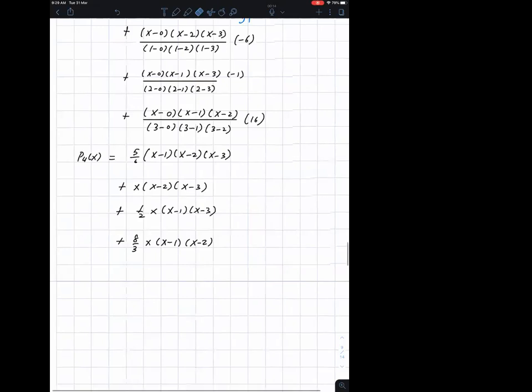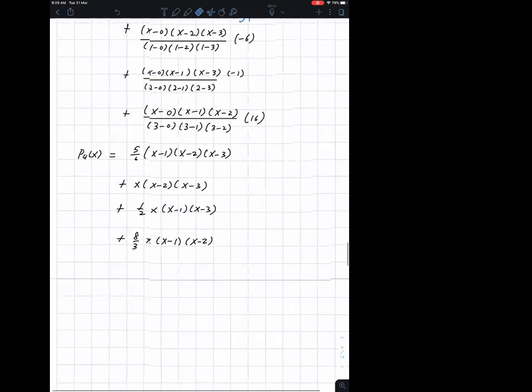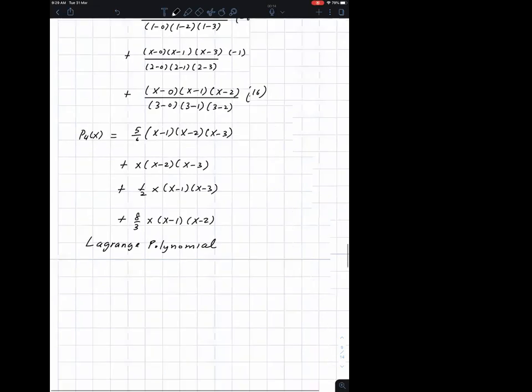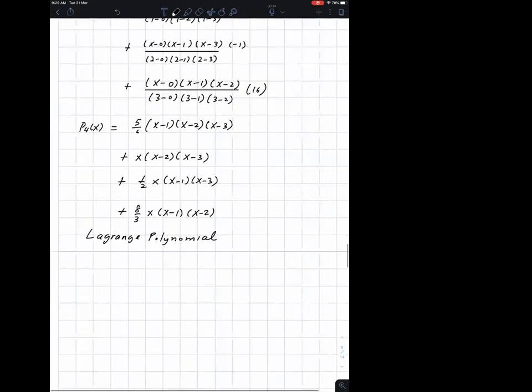Okay, guys, so this is called the Lagrange polynomial. Usually, you can multiply them and simplify them if you like, but I'm not going to ask you to do this in this course.